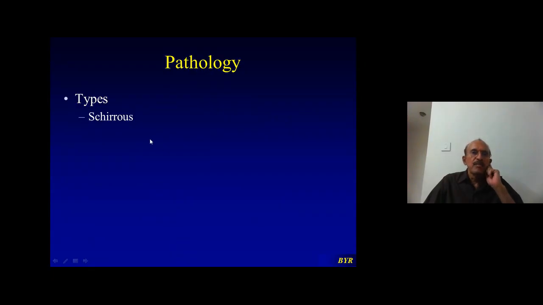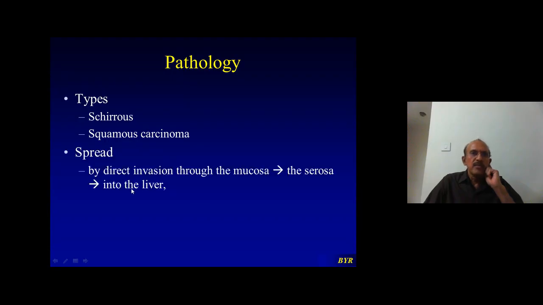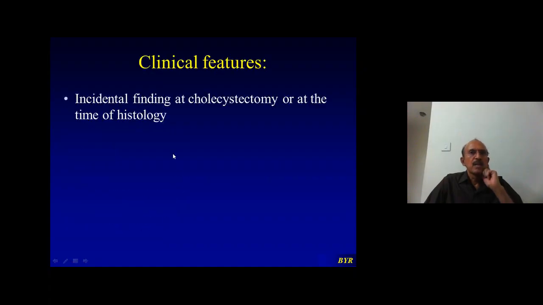Types of carcinoma: serous carcinoma, squamous carcinoma. It spreads by direct invasion through the mucosa into the serosa, from there into the liver, and by lymphatics and by bloodstream. Clinical features: incidental finding at cholecystectomy operation or at the time of histology.